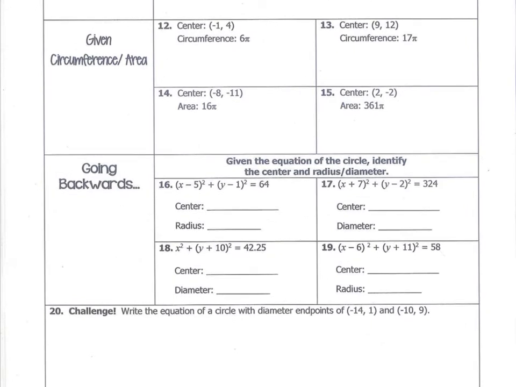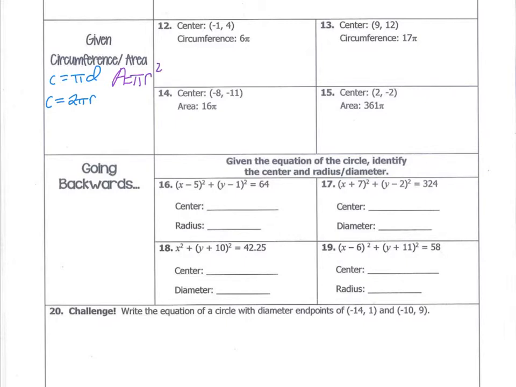So then here, given the circumference and area, how do we find things? So let's look at number 12. So remember, your circumference is pi d, or circumference is 2 pi r, whereas your area is equal to pi r squared.